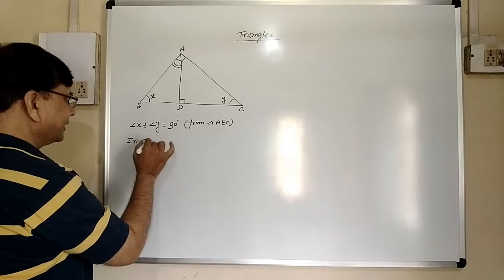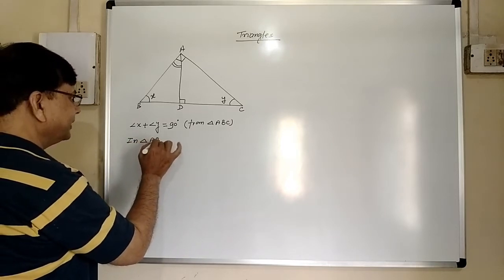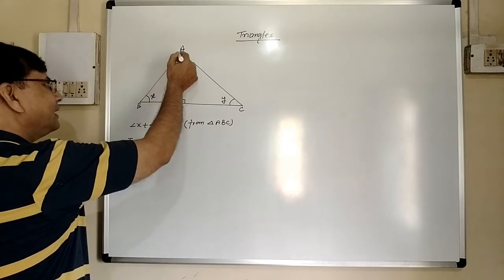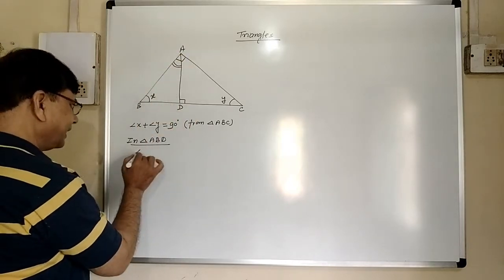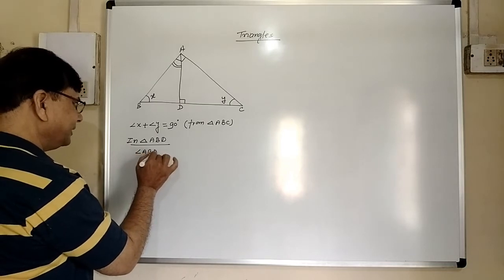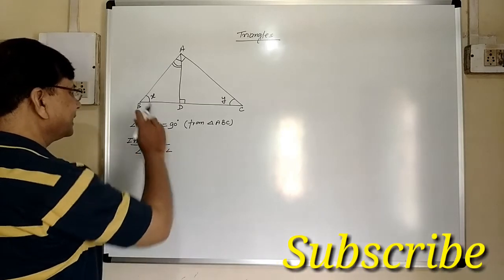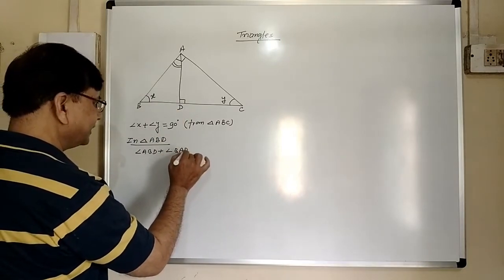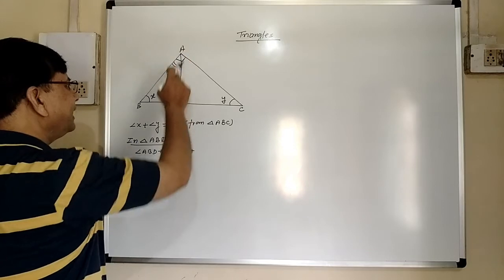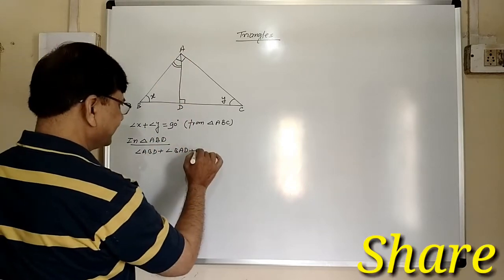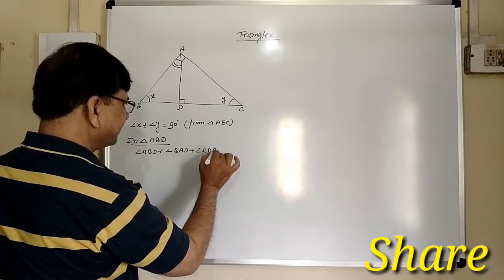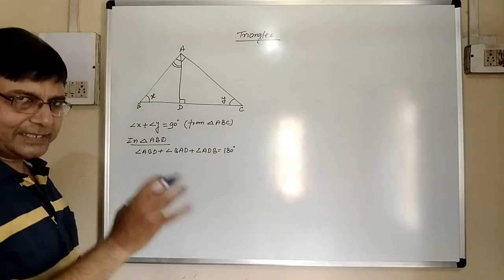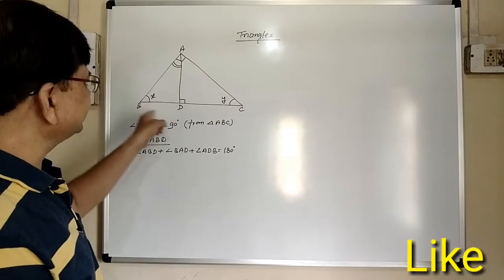In triangle ABD, angle ABD plus angle BAD plus angle ADB is equal to 180 degree. The sum of these three angles will be 180 degree since it is a triangle.